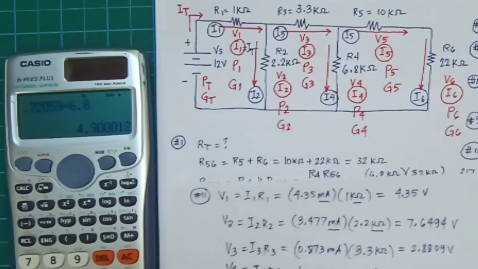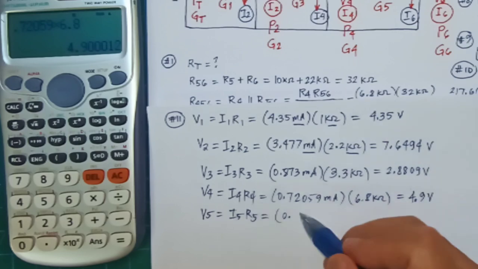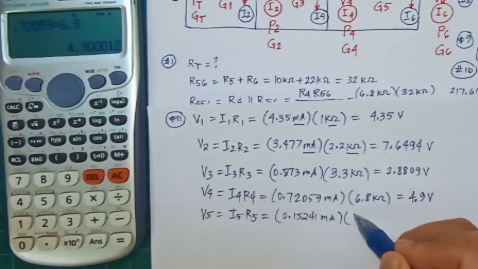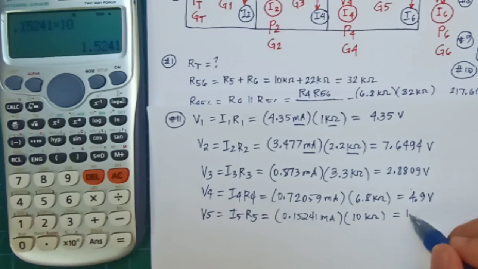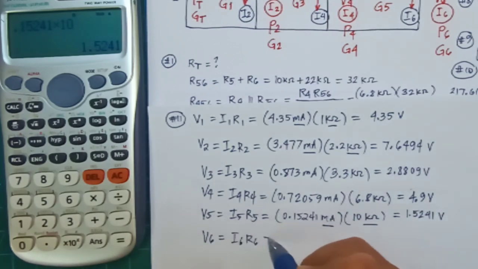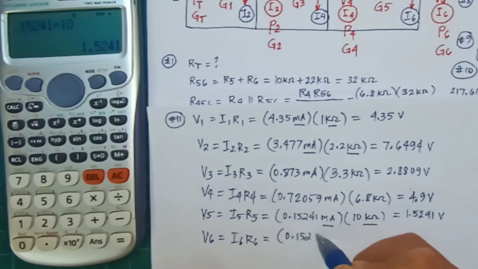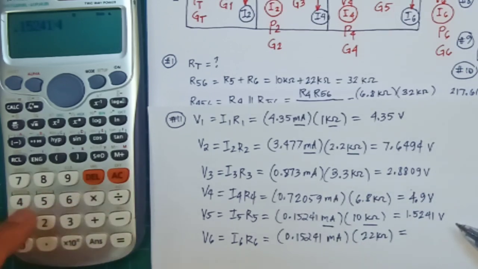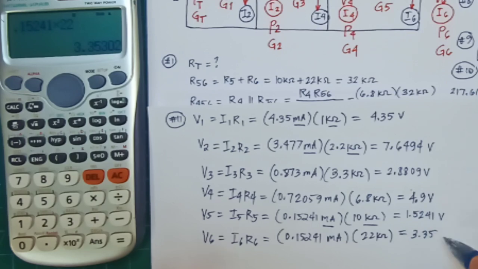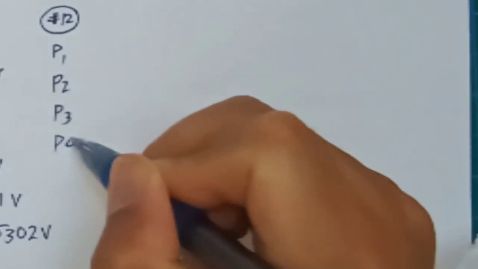And lastly, we will get V6 equals I6 multiplied with R6. All of the values of the currents have been calculated, and the resistors are also given.